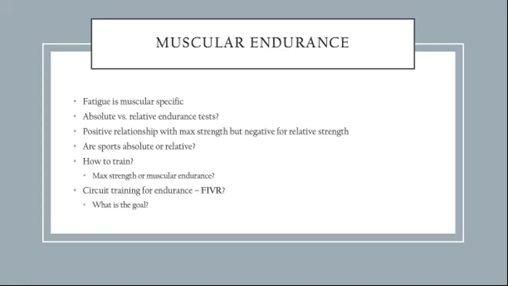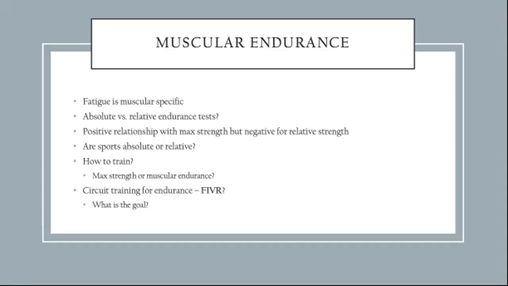It has been well established that there are positive relationships with max strength, with a little caveat: those who are stronger will have better ability to repeat more repetitions than those who are weaker, however, only if the weight lifted is at 75% of their maximum strength.